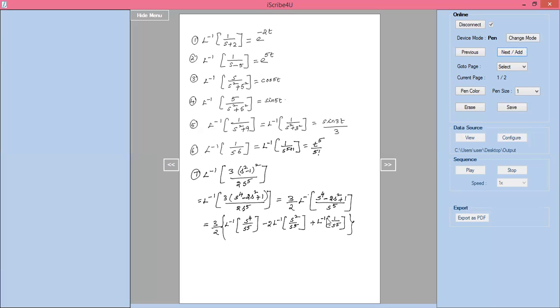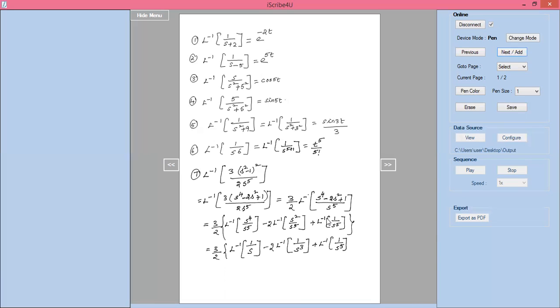Now I'll write 3 by 2 into L inverse of s power 4 divided by s power 5, which is 1 divided by s, minus 2 into L inverse of 1 divided by s cube, plus L inverse of 1 divided by s power 5.